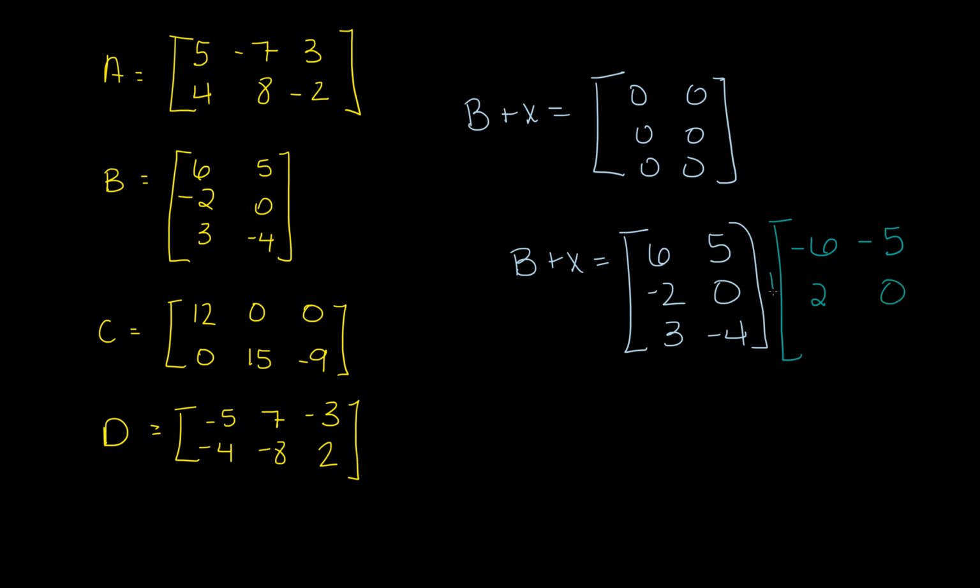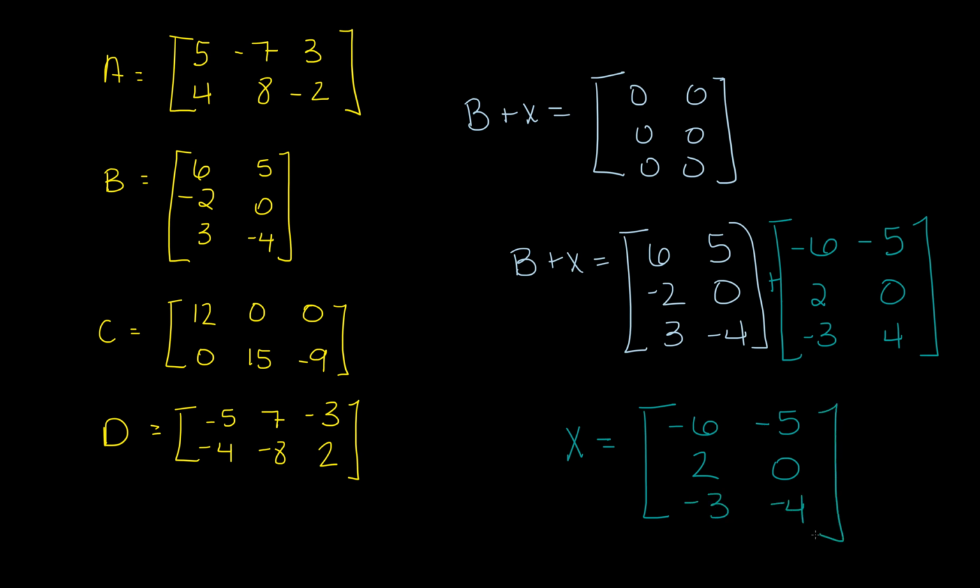I forgot to put a plus in there. 3 would be negative 3, and 4 would be negative 4. So in our case, our variable x would equal the matrix negative 6, negative 5, 2, 0, negative 3, and negative 4. This value of x is our additive inverse.